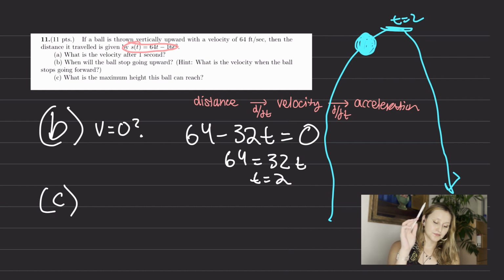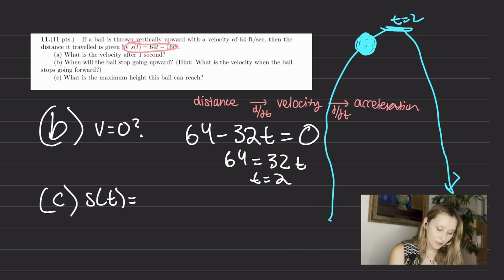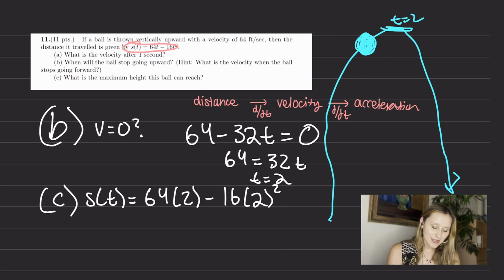Then it's going to come down. And when it comes down, that means it's already reached its max height. Physics, you guys. Physics. So, what is the maximum height? We literally just plug it in to the distance function. So we can find the distance.